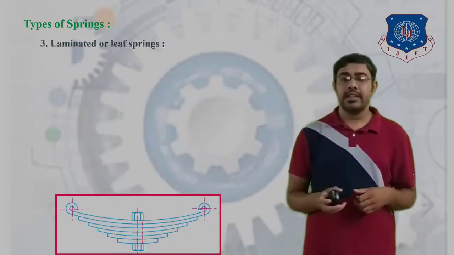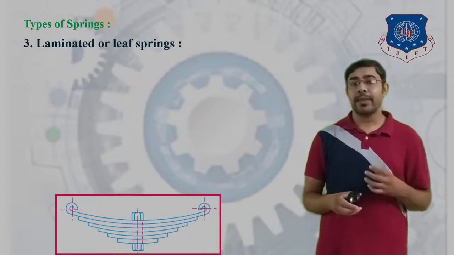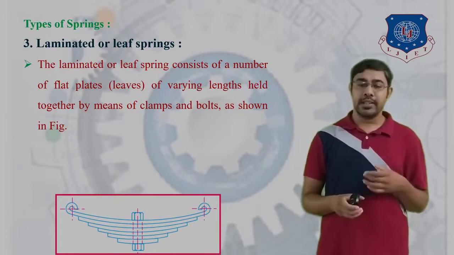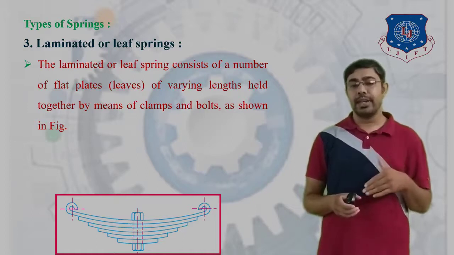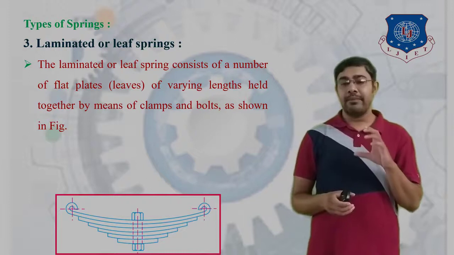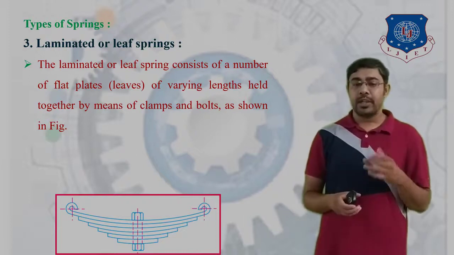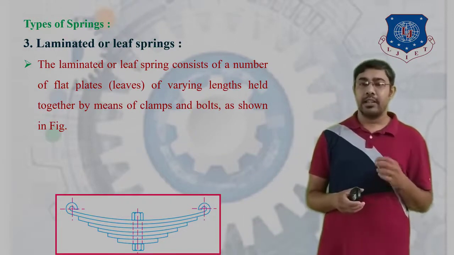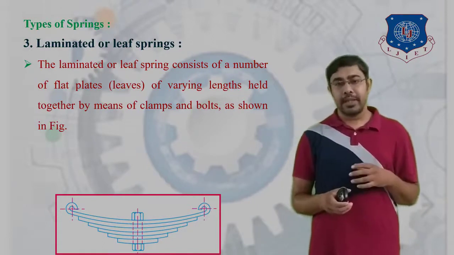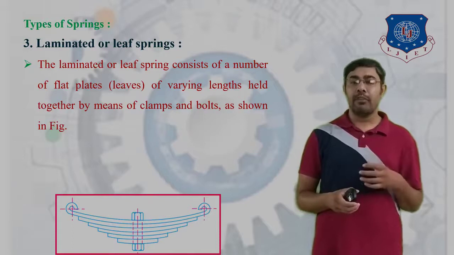Now the third is the laminated or leaf spring. Here you can see a number of strips which are clamped by a clip and bolt. The figure shows the leaf spring. The laminated or leaf spring consists of a number of flat plates.